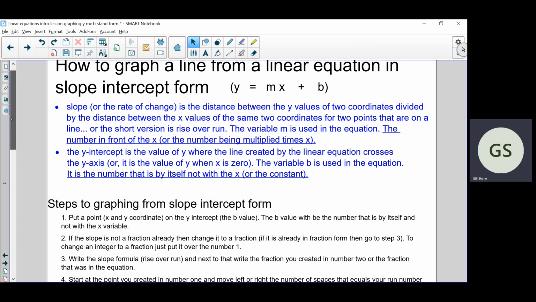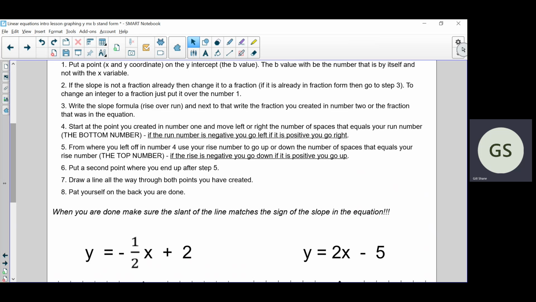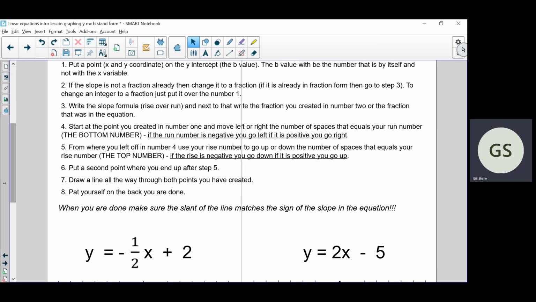Steps to graphing, final step. Yeah, so right here. When you are done, make sure the slant of the line matches the sign of the slope in the equation. So that's what that means, is if your line is going up from left to right, make sure the slope in your equation is a positive slope. So that's what this little thing right here means. I'm going to put a little asterisk next to that.